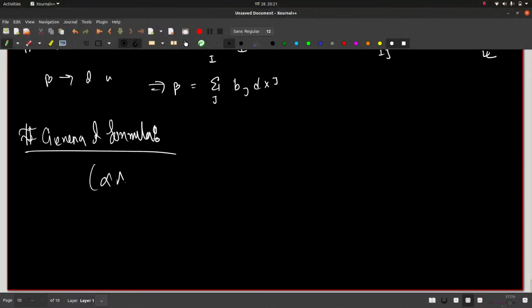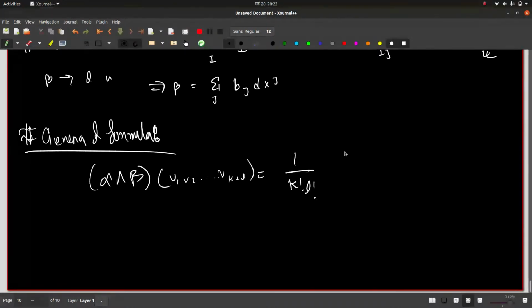If you have some alpha and beta acting on v1, v2, ..., v(k+l) vectors, this is written as 1 over k factorial l factorial, and there is a summation, and there is a sign that actually comes from the totally antisymmetric tensor.